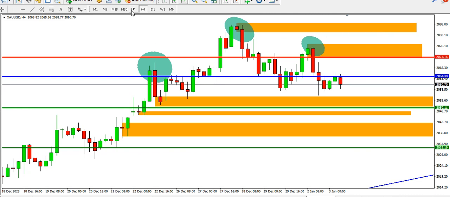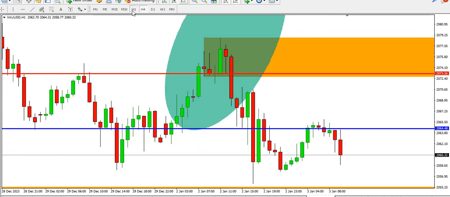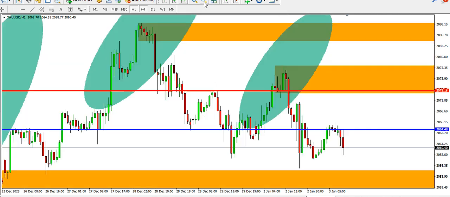So on the 1-hour time frame, what do we have? For the 1-hour time frame, you can see that the bears, the sellers are coming in, and we can see a high, a low, lower high, lower low, higher high, lower low, lower high.